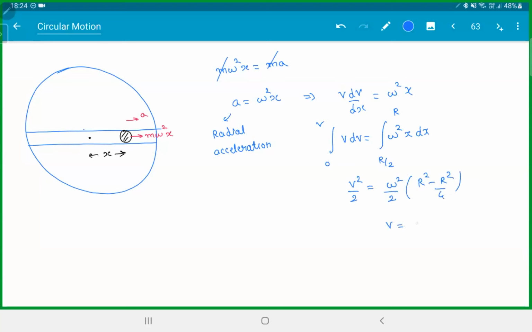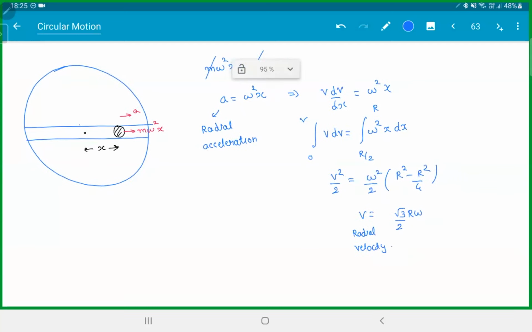You end up with root 3 by 2 r omega. This is not the answer. This is the radial velocity, meaning this is the velocity with which it is being pushed away from here.